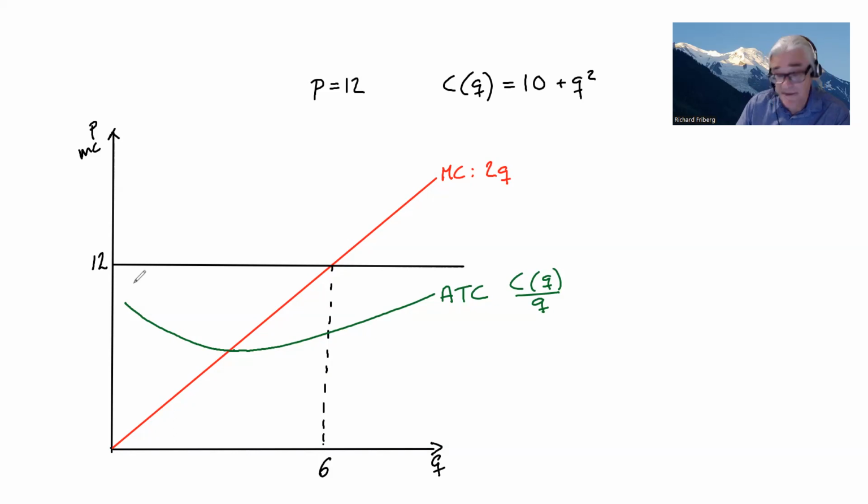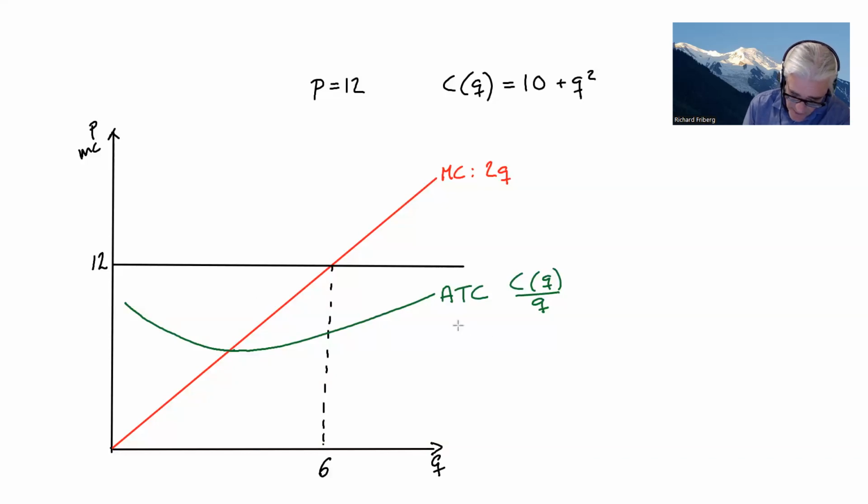Well, we note that as long as profits are non-negative, it's valuable to stay in the business. The firm is making more money that way than in alternative situations. So how can we depict that? Well, we can think of successively lower prices.